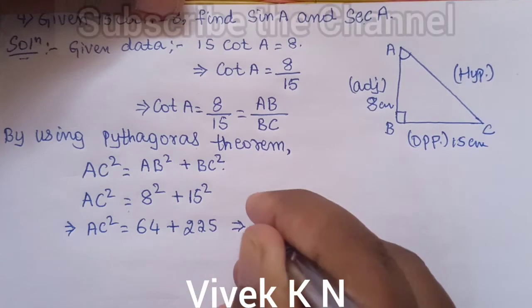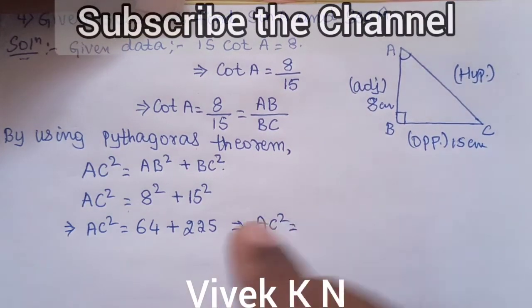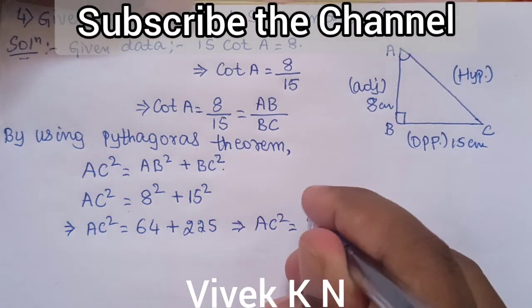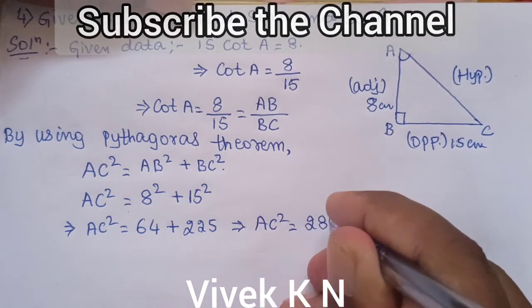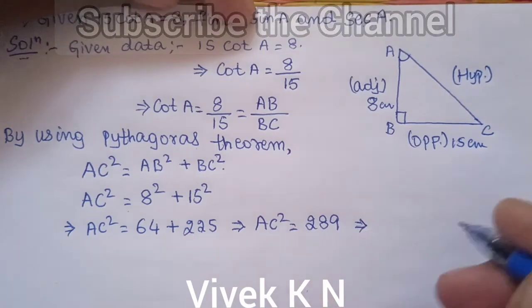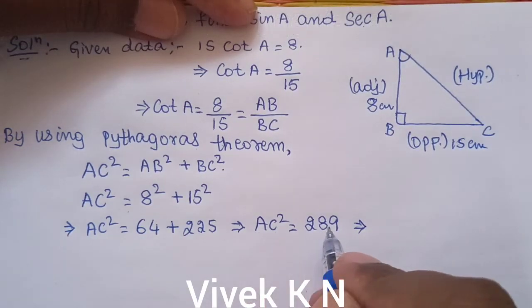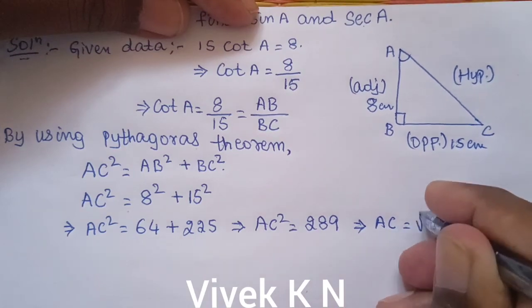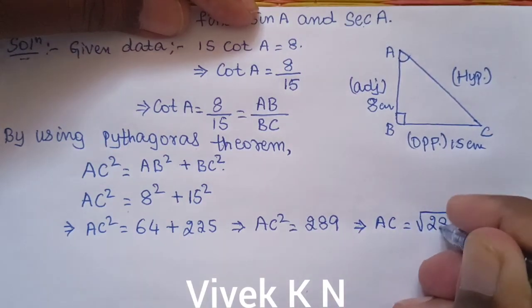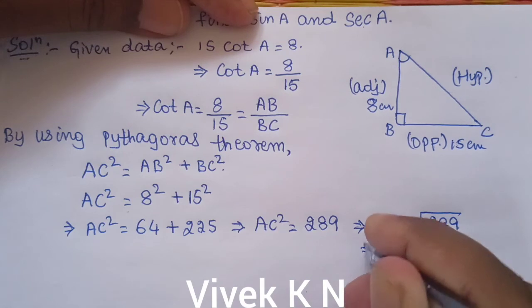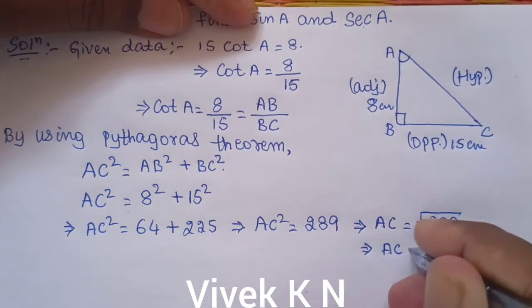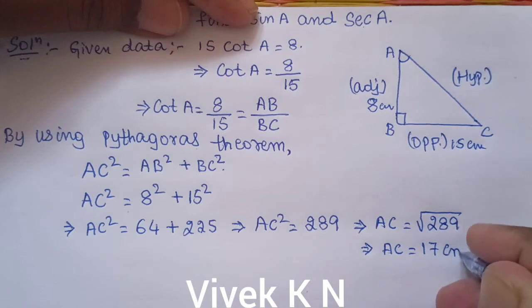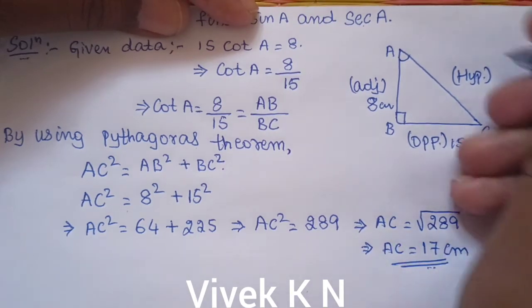Adding 225 and 64, we get 289. Then AC is equal to root 289, which is 17. That is, AC is equal to 17 centimeter.